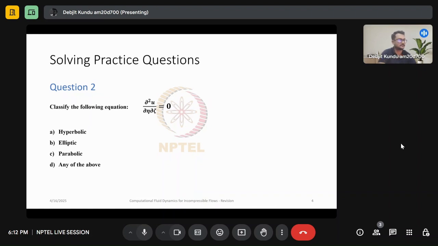So let's take a look at the solution. It's option A, hyperbolic. Let's see how we do that. So this equation is nothing different than simply, in a more familiar way, ∂²φ/∂x∂y being equal to 0.